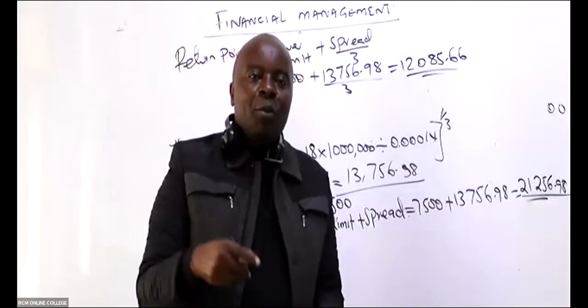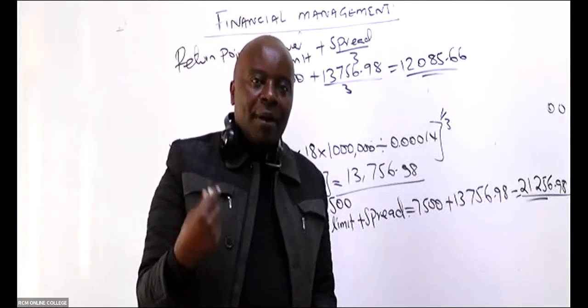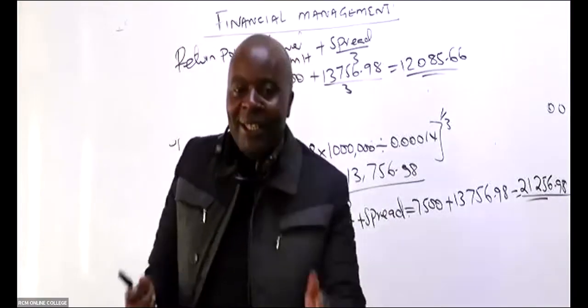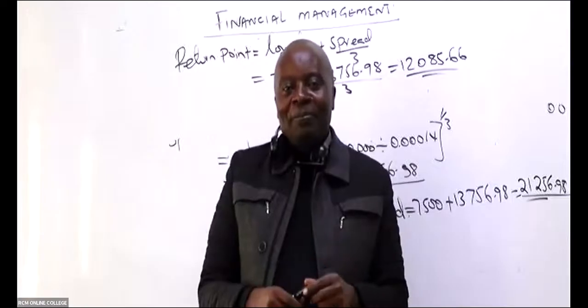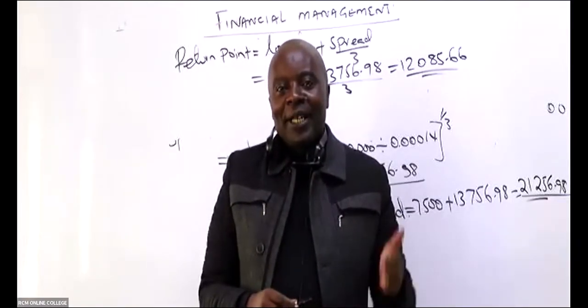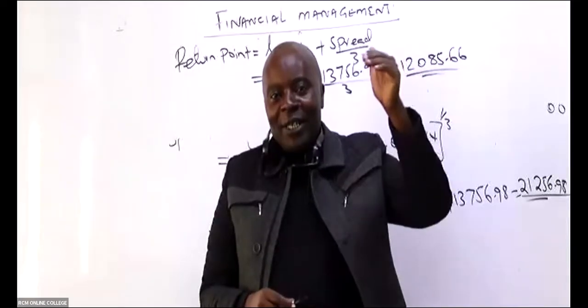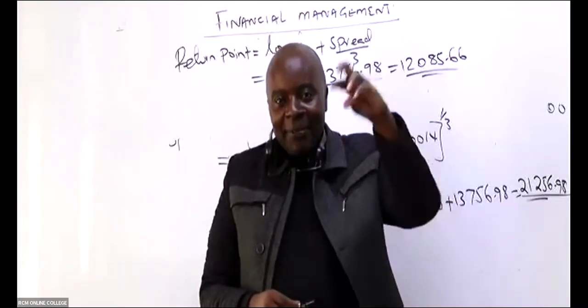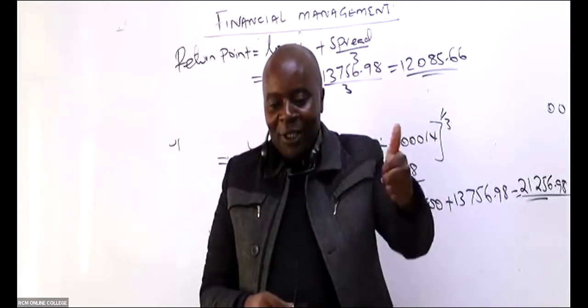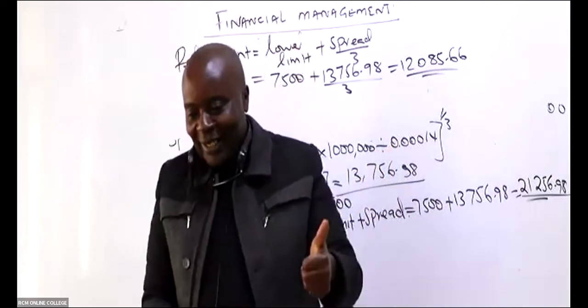So perhaps this formula could be new to you, but my question will always be, have you been able to master now this concept of Miller-Orr? How to get, in this case here, the spread, upper limit, and then the return point, where you return. Have you mastered it? Do you think now it's something you can go and study?